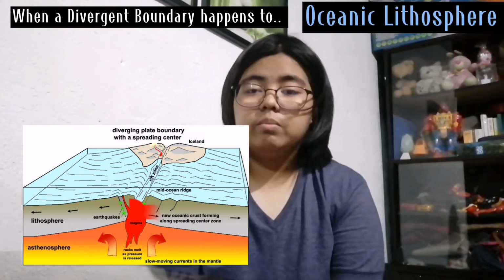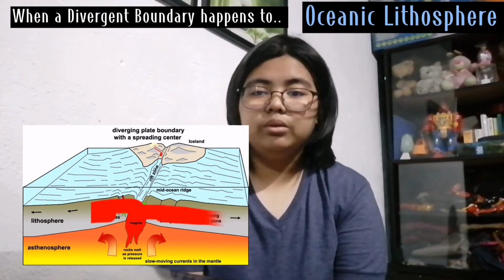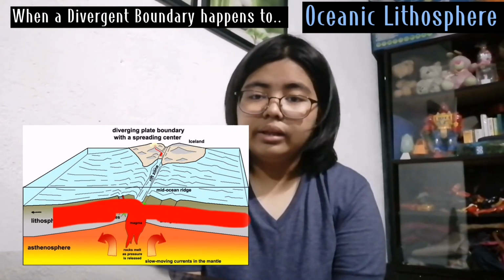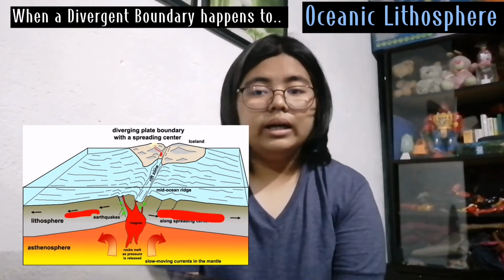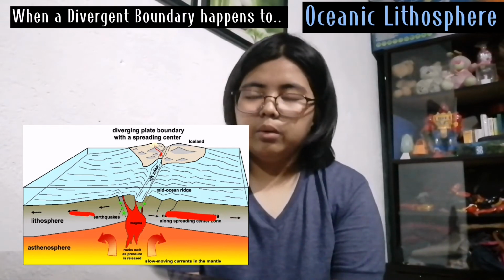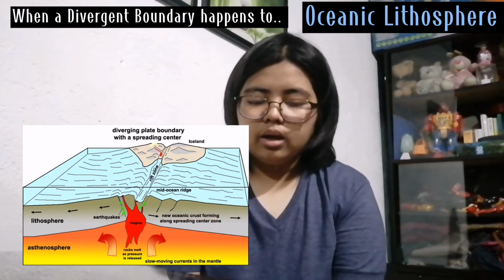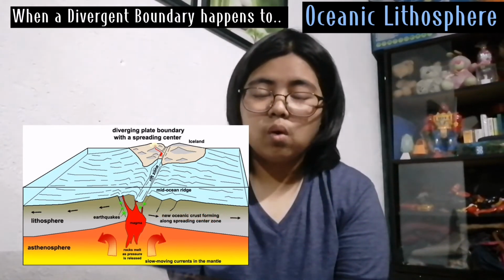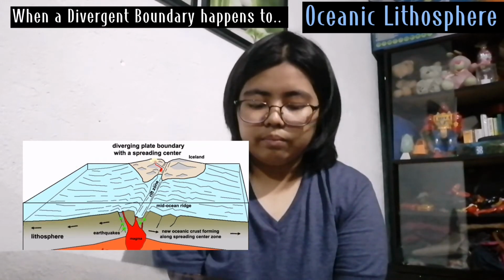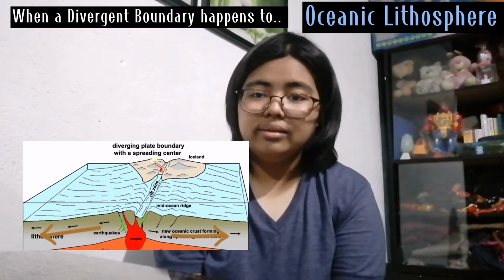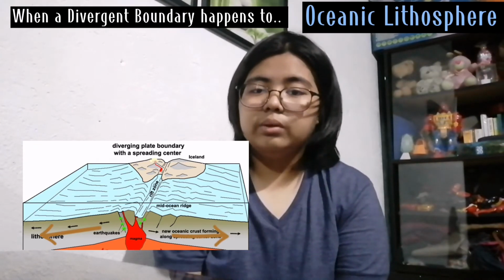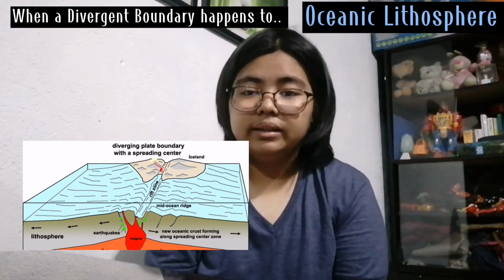So the magma will pass and it will spread to the floor until it reaches the side. It hardens and cools, and when it cools, we will have a new ocean floor. The old one will go sideways and the process cycles.